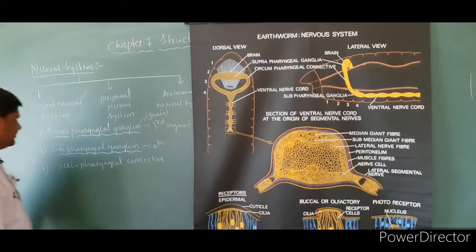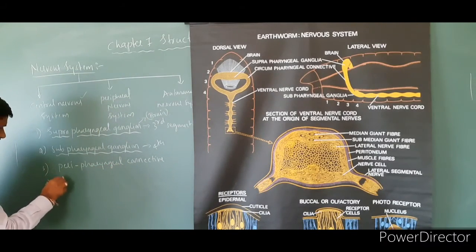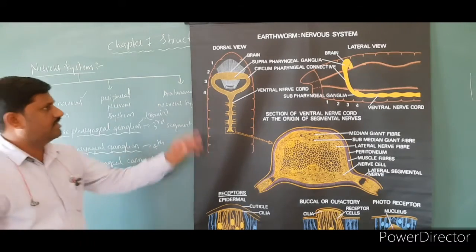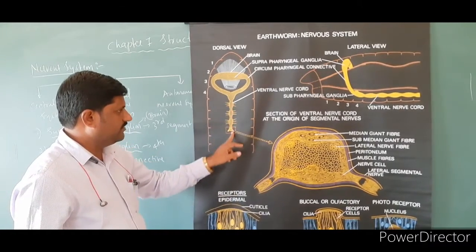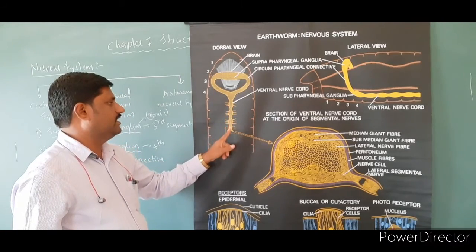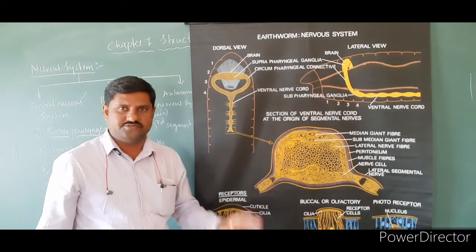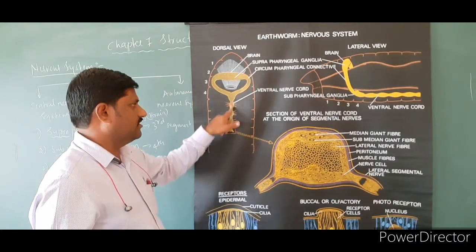And along with the peripharyngeal connectives, you will find the nerve cord. Here you are seeing at the central axis of the body of this animal, the nerve cord is present over here. That has segmental ganglions, right? Segmental ganglions are there as well as the nerve cord.